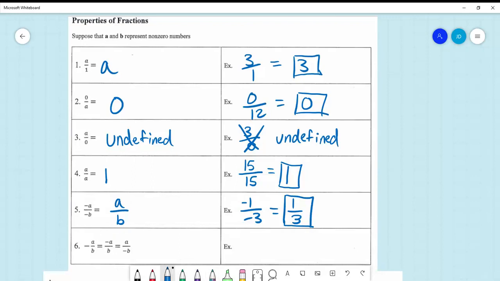So say if we had negative 3/4, if I need to, I can rewrite negative 3/4 as negative 3 over 4, or as 3 over negative 4. All those three fractions there with the negatives either on the numerator or on the denominator or in front of the entire fraction are representing the same value.